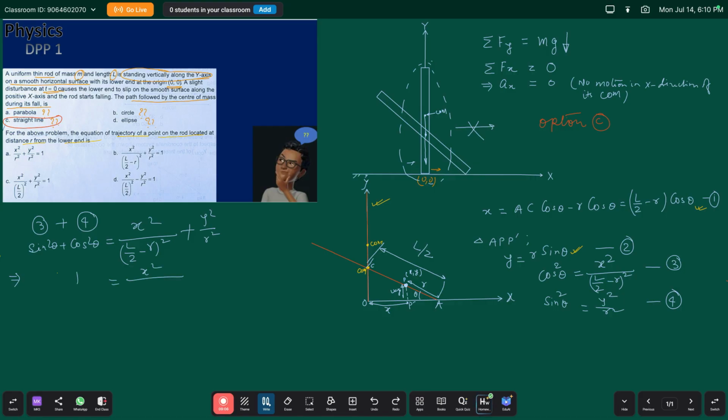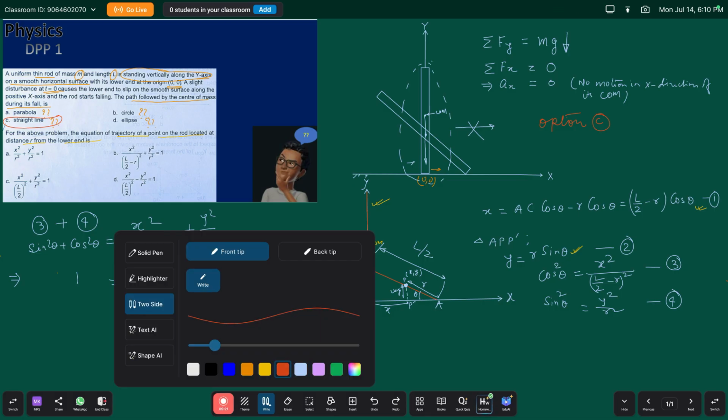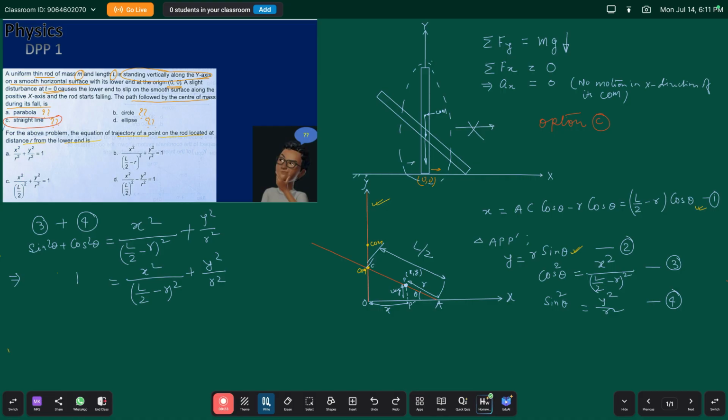So our equation will become like this. You can check which option matches this equation. So x square over (L by 2 minus r) square, this one. So option B will be the second answer.